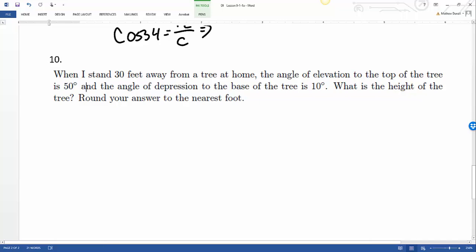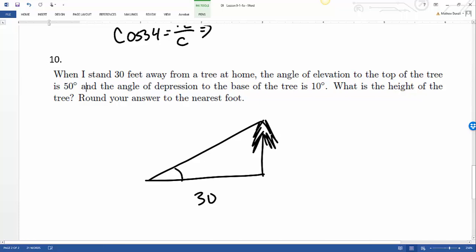When I stand 30 feet away from a tree at home, beautiful tree. When I stand 30 feet away from a tree at home, the angle of elevation to the top of the tree is 50 degrees. It says the angle of depression to the base of the tree is 10.